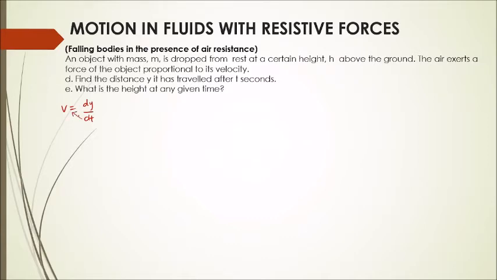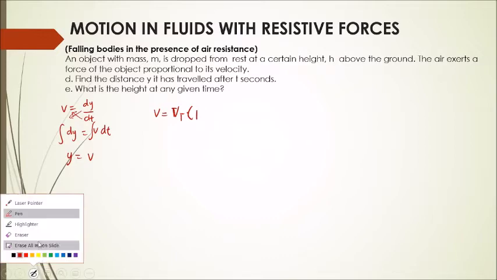It looks separable. So, we have dy equal to v dt, then integrate. This becomes y equal to the integral of v dt. Our v is actually the v that we have earlier.